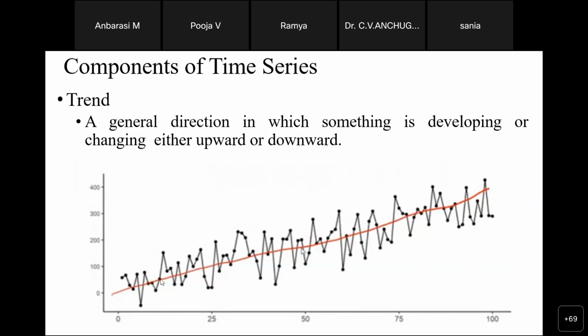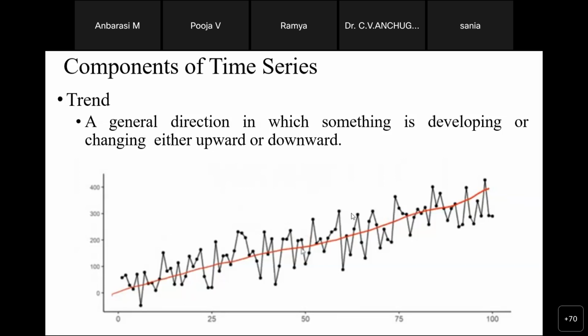In this picture, it shows the upward direction in the time series data. You can consider it like the stock market. Sometimes an uptrend will be there, sometimes a downtrend, and then an uptrend again. For some period of time it will go for the uptrend.